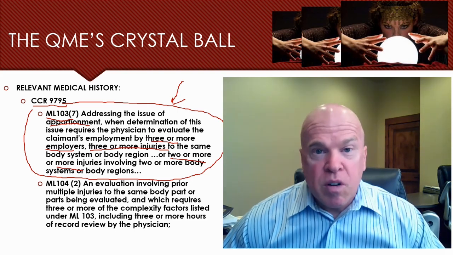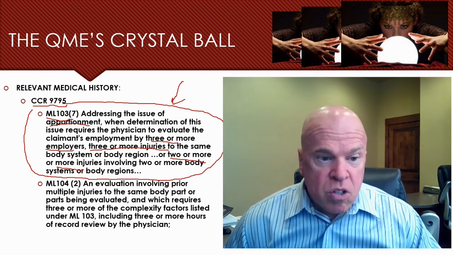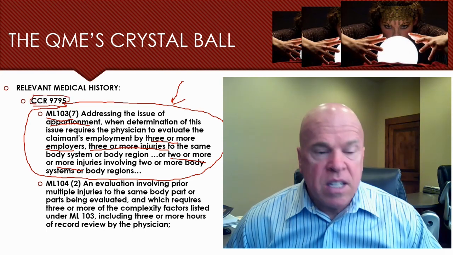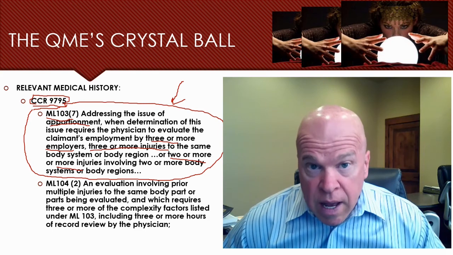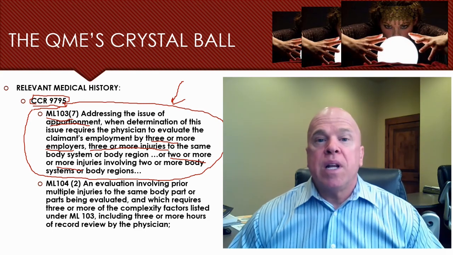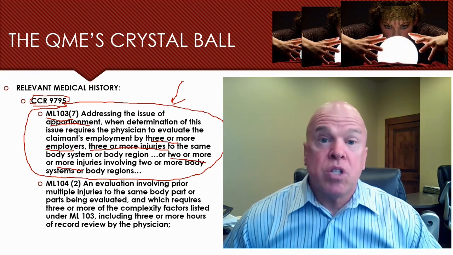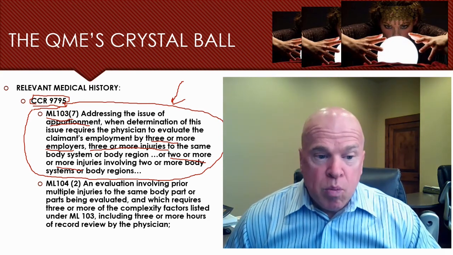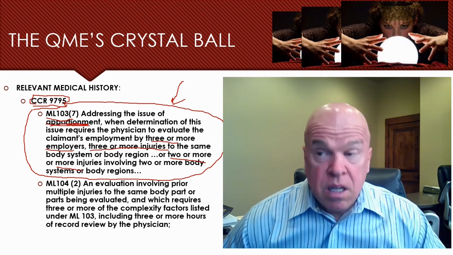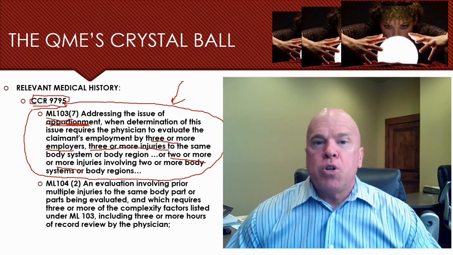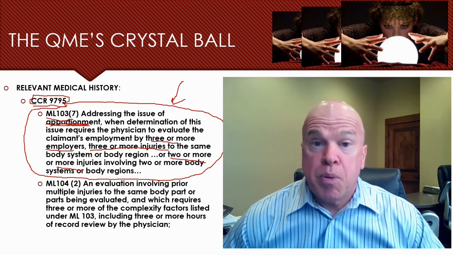And the Division of Workers' Compensation and legislators who have passed these laws, this is a law, California Code of Regulation 9795 is a law, have found it fit to incentivize us as qualified medical evaluators to dig into the prior medical history so that when it becomes time to provide an opinion on the apportionment, that apportionment opinion is accurate, truthful, and appropriate.